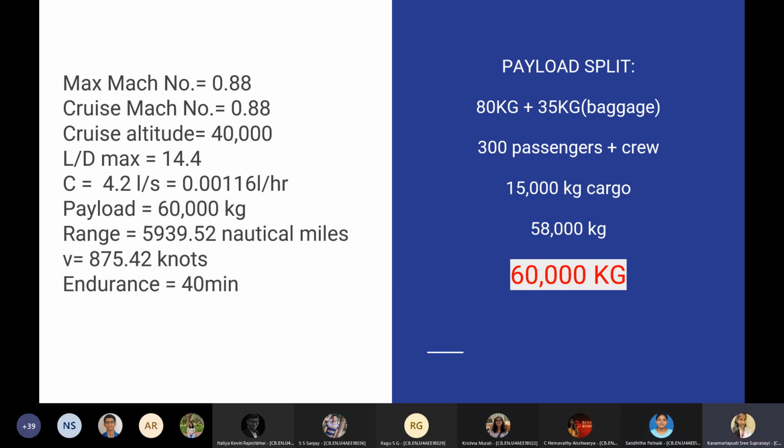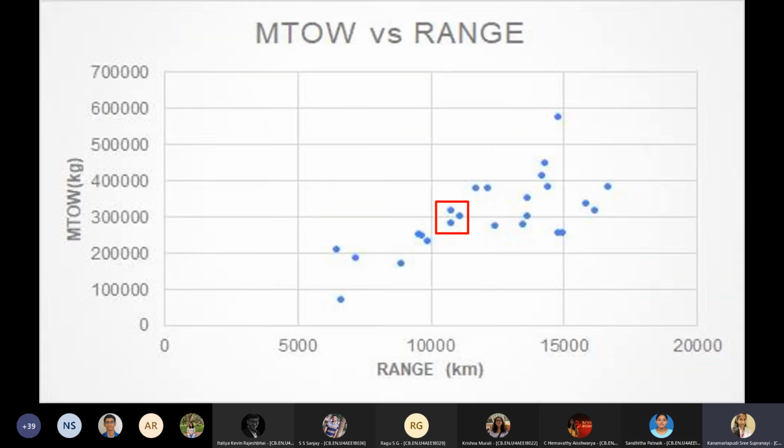Okay, can I mention something? Yeah, please go ahead. Sir, the graphs which we showed in the PPT, we didn't take from any book. We actually made these graphs by collecting the information of different aircraft, and we plotted the graphs between MTOW and range. That's why we haven't mentioned the reference.